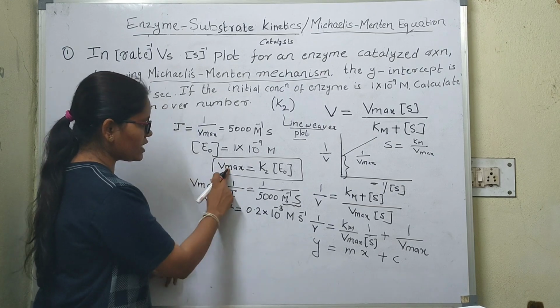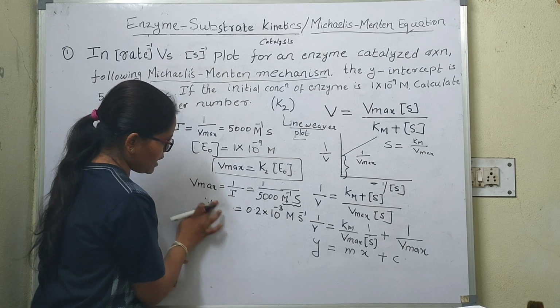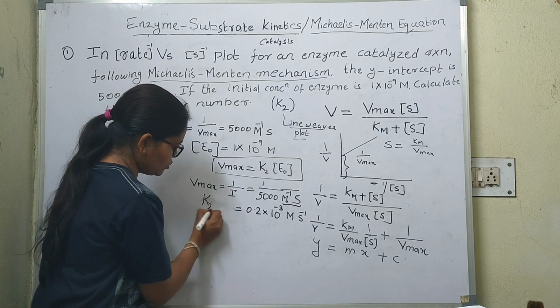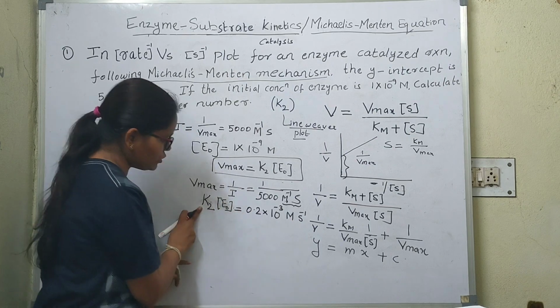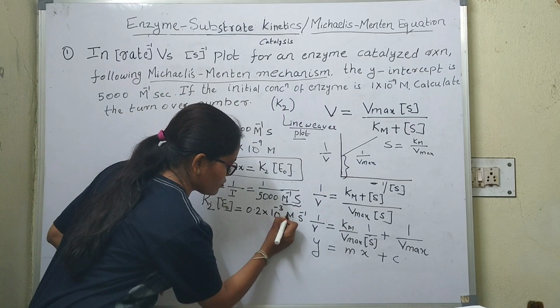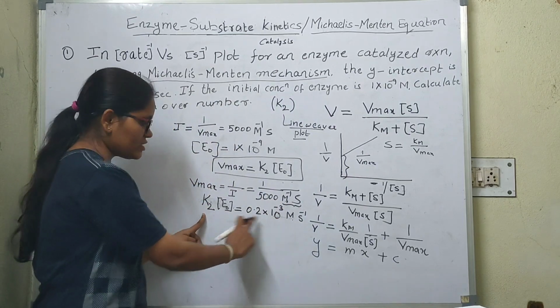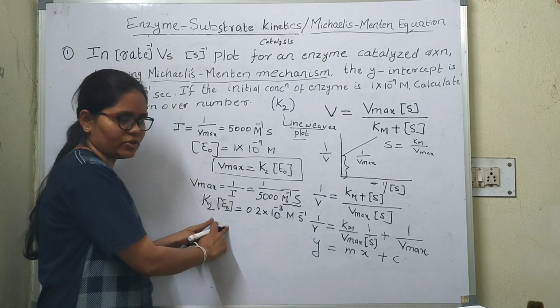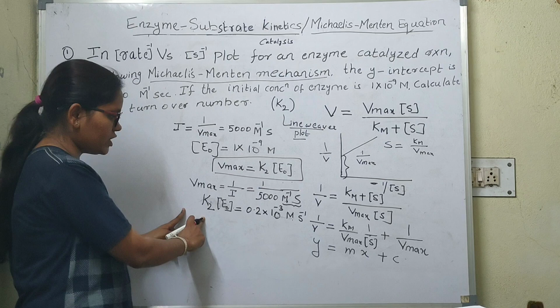But we know that Vmax is K2 into E0. So instead of Vmax, I can write K2 into E0. What will be K2? If I divide both sides by E0, I will get the value of K2.